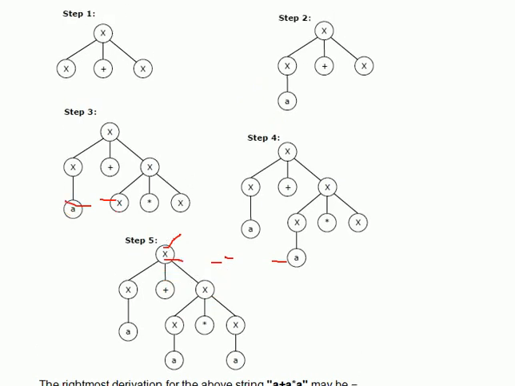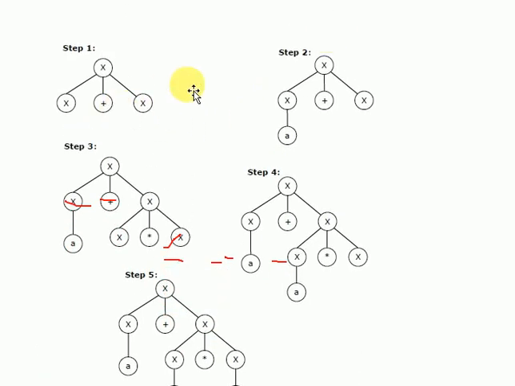Step 1 we will see, this is your step 1. x plus x was expanded into x plus x, and x was also expanded to a, and in the third step x was expanded into x star x.